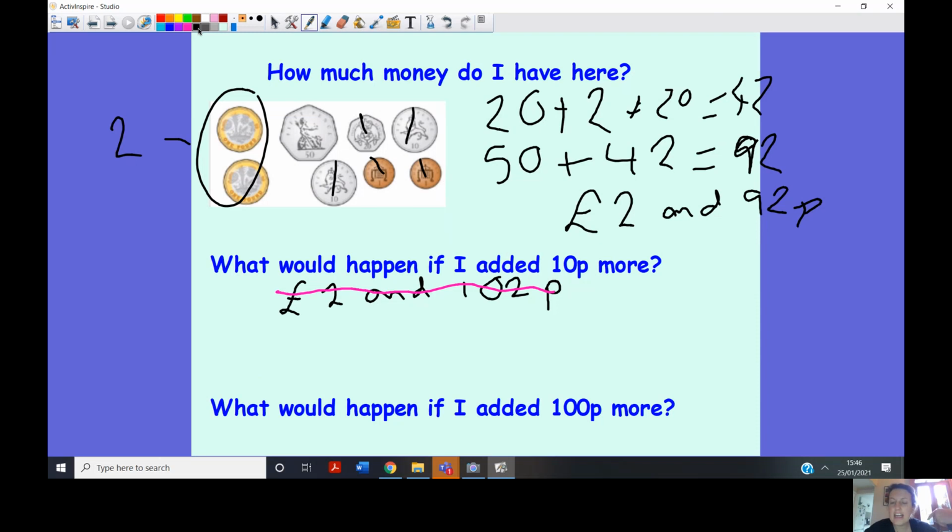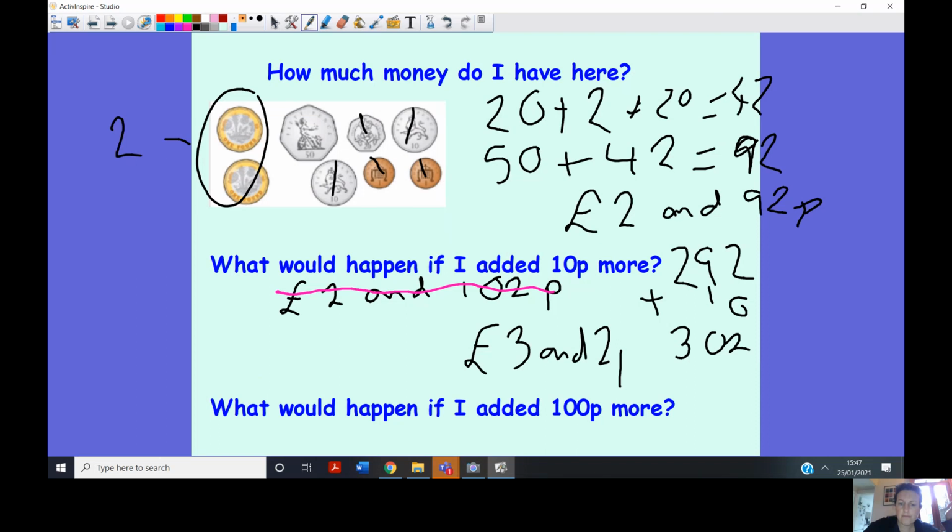We could also look at it as adding 292 pence and 10 pence, which is equal to 302 pence, which we know is £3 and 2 pence. What would happen if we add 100 pence more? We'd add that 100 pence as a pound to our pounds, which is £3 and 92.